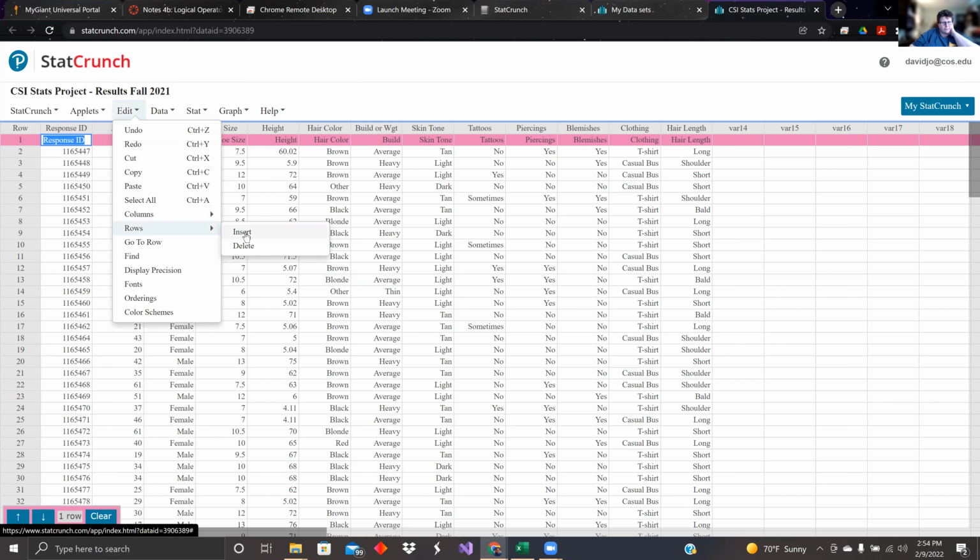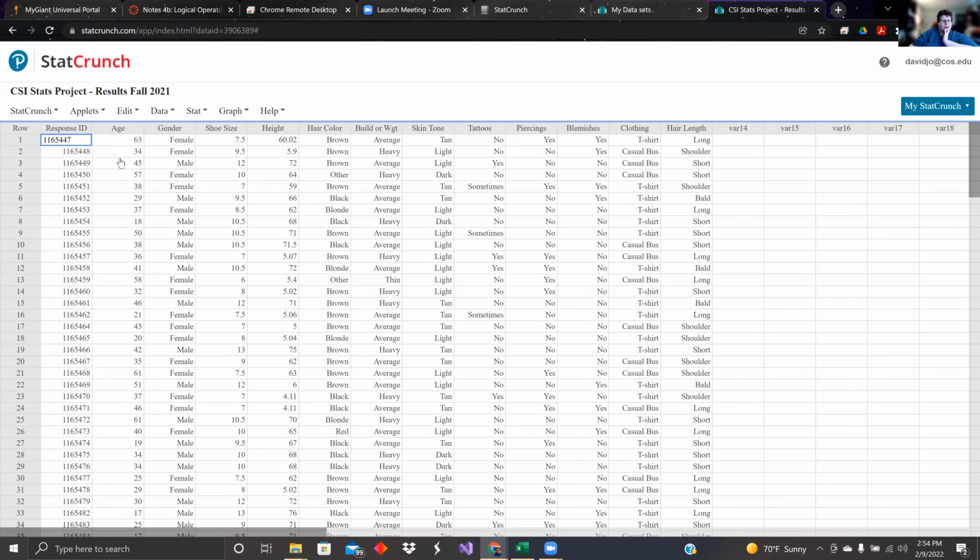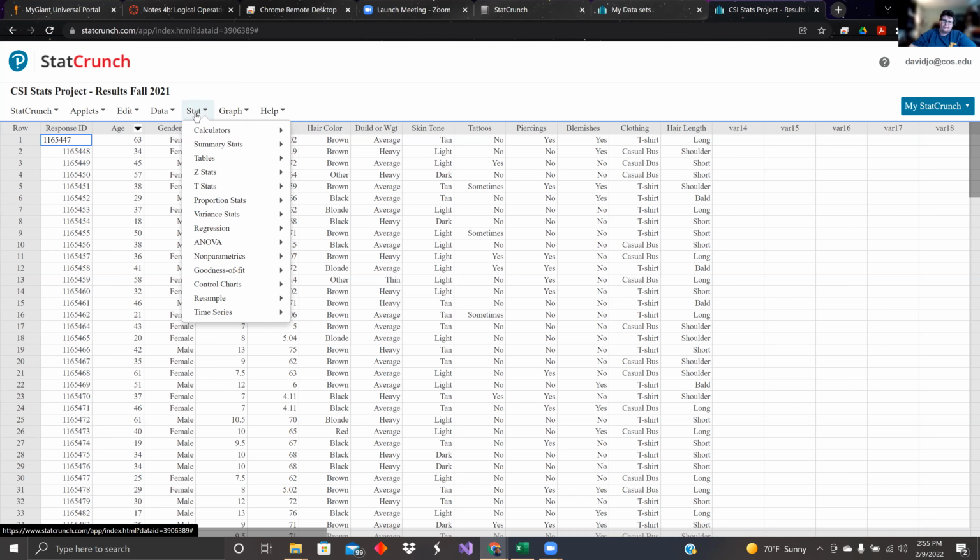Get rid of that top row. All right, we were doing heights. The heights here are recorded kind of funny. Some people did foot and inches. Some people just did inches. So maybe let's do it on the age category. We're going to go stats, summary stats, columns. So that's your path when you're doing this.